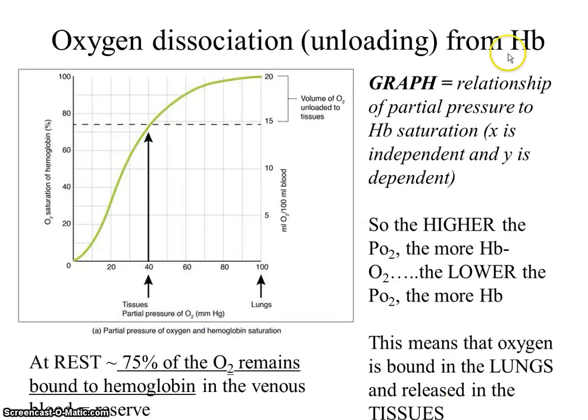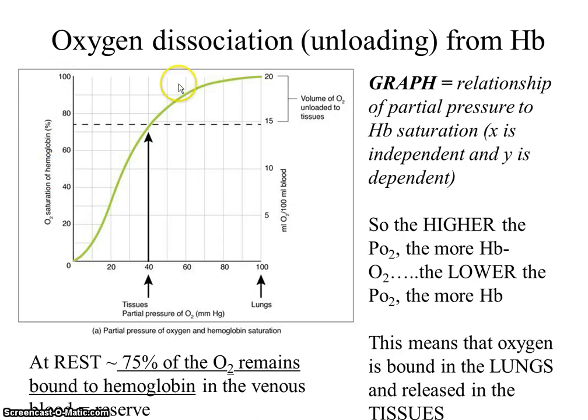All right, so here's what this looks like. Oxygen dissociation, or unloading. Again, you're not going to repeat this graph to me, but this is looking at the amounts, because we said that's a really important thing here, how much oxygen is there in the tissue. And this of course is how much oxygen is still bound to the hemoglobin.